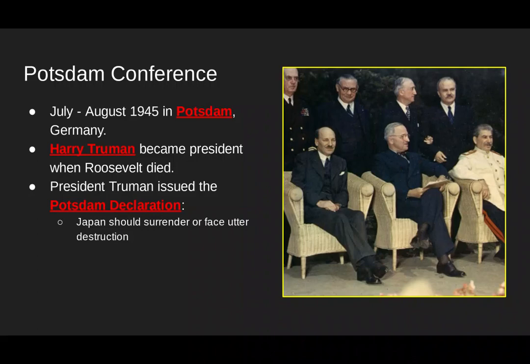So when he's talking about facing utter destruction, you have to think that's part of what he meant. Now, nobody really knows if the British at this point knew if the Americans had the weapon or not.